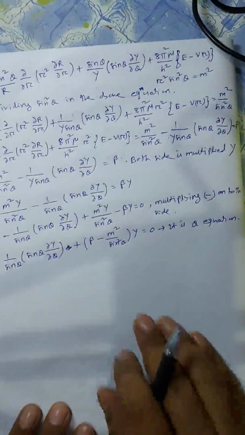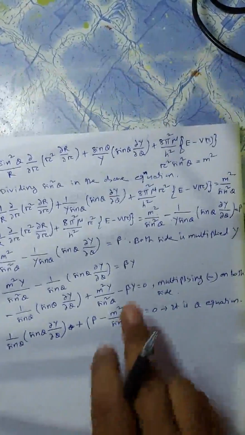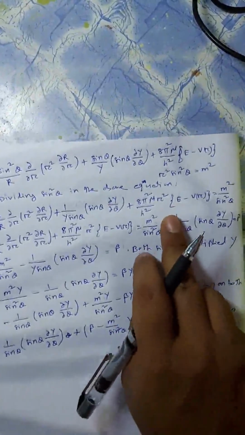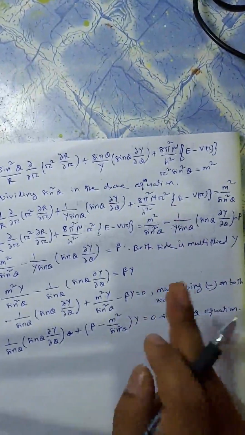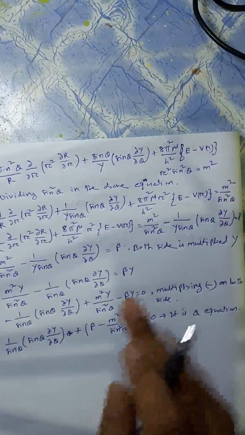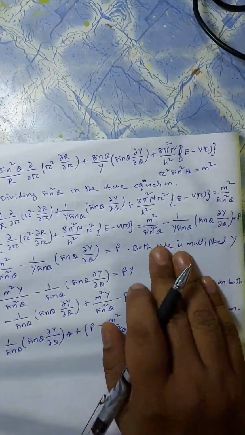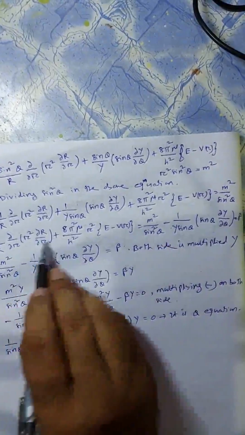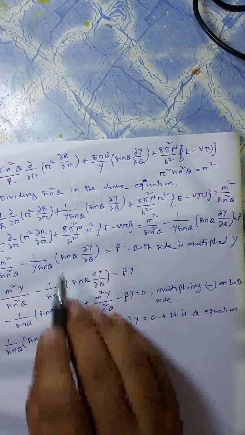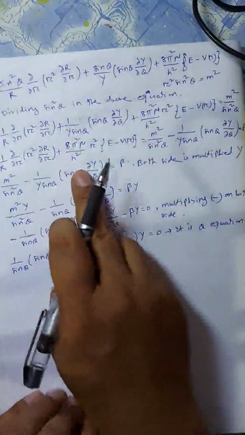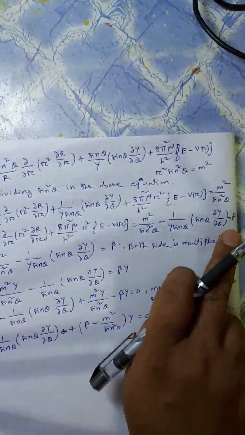Okay. Similarly, we have to find out the radial wave equation. This is the theta equation. We already found the phi equation. Next is the r equation. We have to find this radial wave equation. I have to write this one equal to beta.